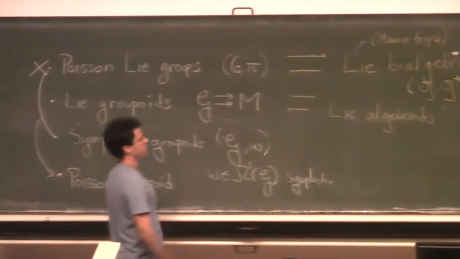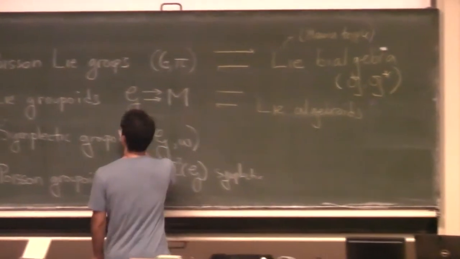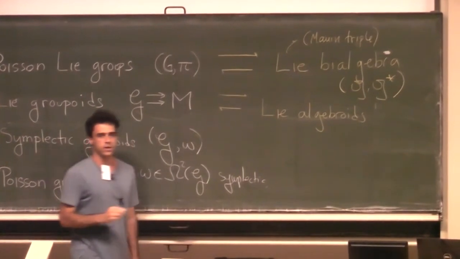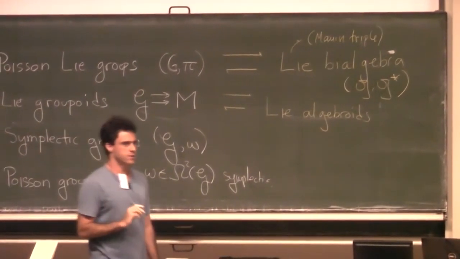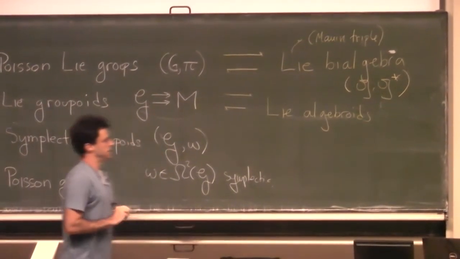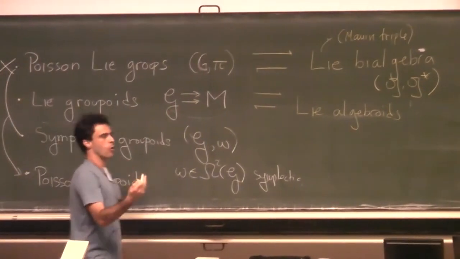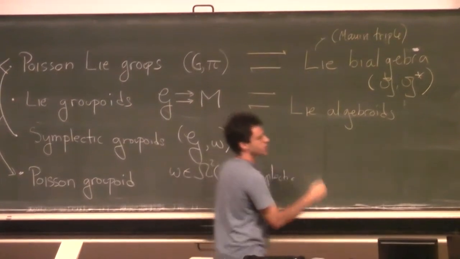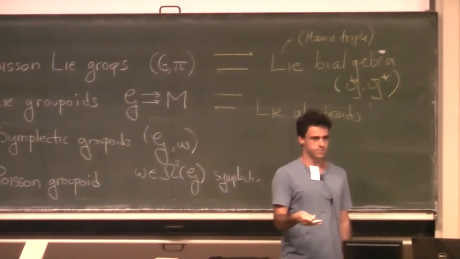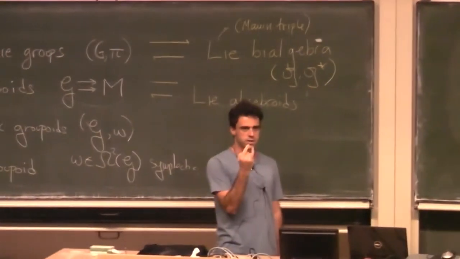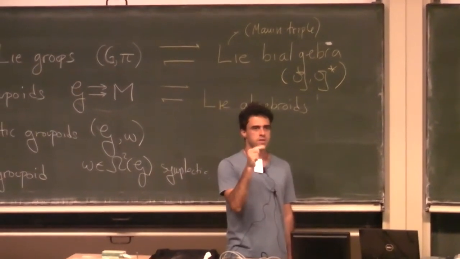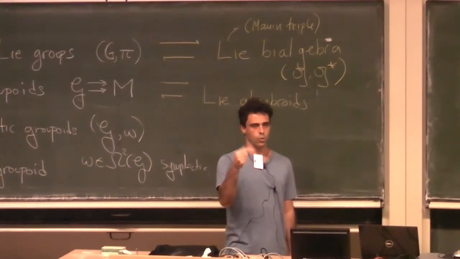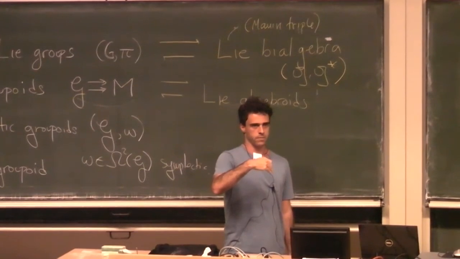For example, I didn't say what morphisms of groupoids and algebroids were, but you can probably guess what they are. And so, for example, you can integrate morphisms. First of all, the first theorem says that if you have the Lie algebroid of a Lie groupoid, then you can replace this Lie groupoid by a source simply connected one with the same Lie algebroid. Right?